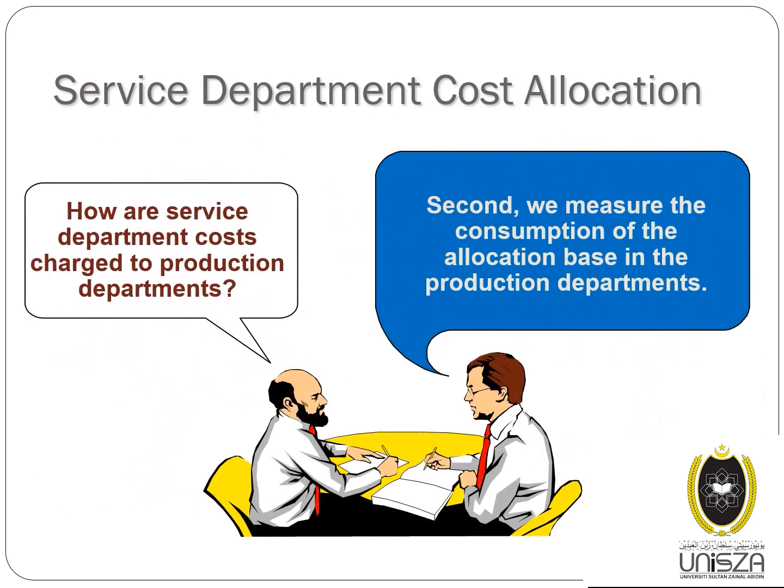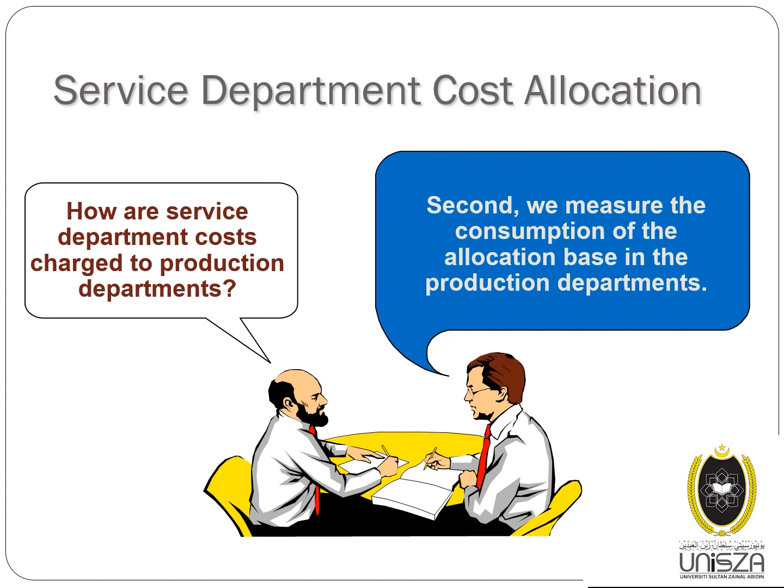Service department cost allocation. So how are service department costs charged to production departments? We know that the service department will support the main department or the production department in a company, and we want to know how the service department costs are charged to the production department.